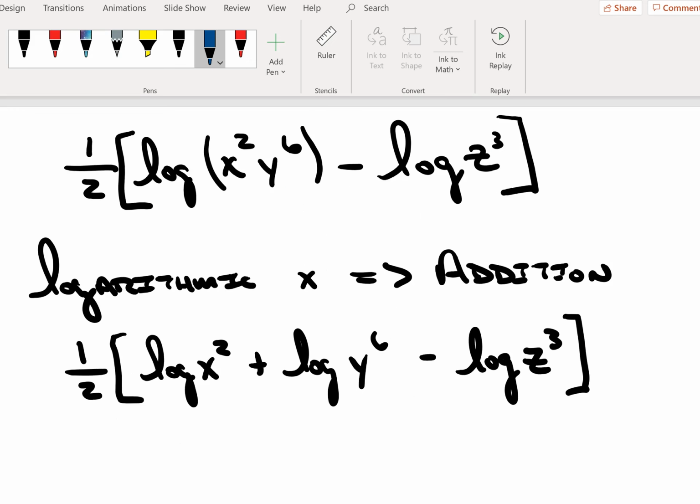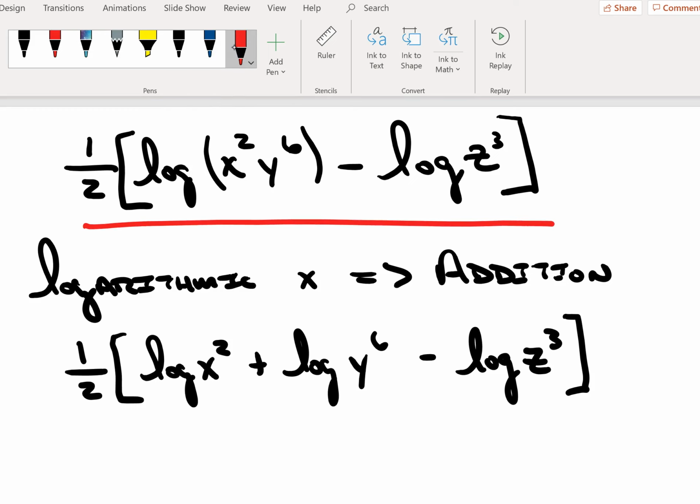Moving on from there, we'll take our expression from the bottom of the previous page, and we have it again up here at the top. And we execute our third rule, that logarithmic multiplication is the same as the addition of two logarithms. And so we see here that we have x squared times y to the 6th inside a logarithm function here.